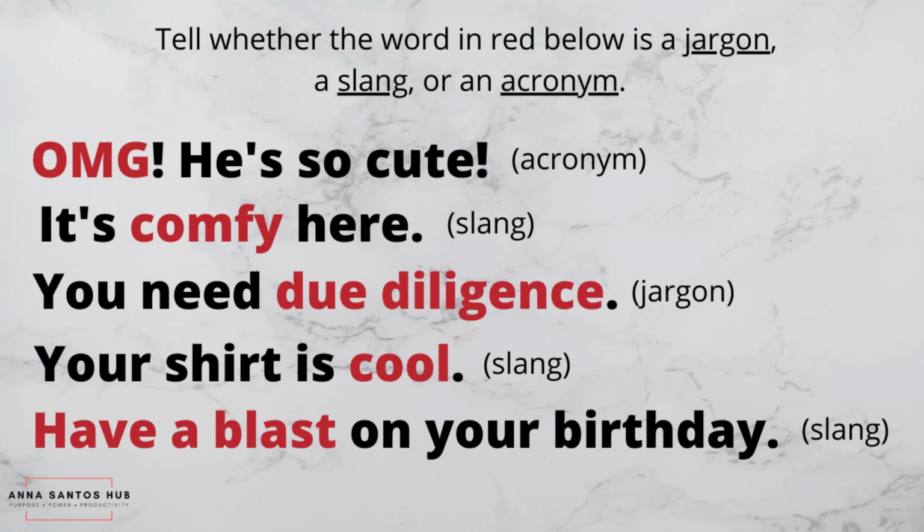Due diligence is a jargon, which is usually associated with business among other things, and it means to investigate further or to take necessary steps before engaging in, let's say, buying or selling stuff. Your shirt is cool. Cool is a slang word which is another way of saying awesome or great. Have a blast on your birthday. Have a blast is a slang phrase which means to have some fun.